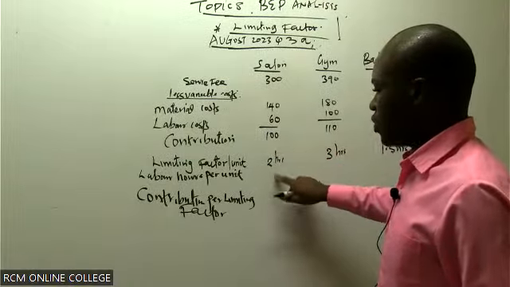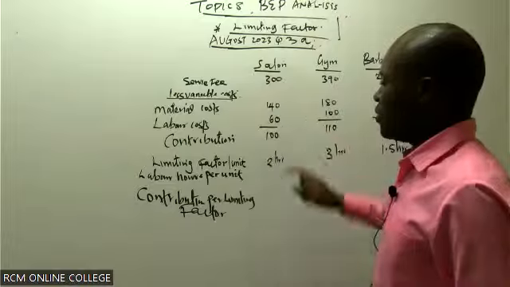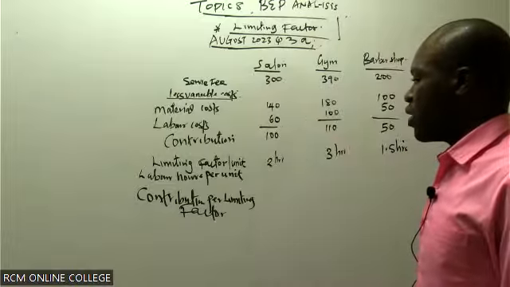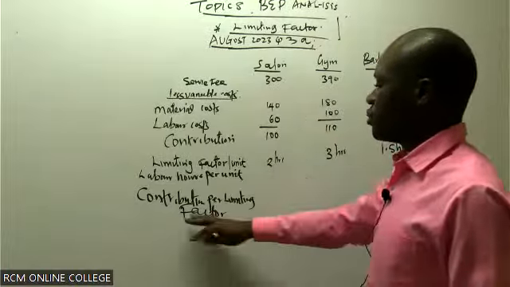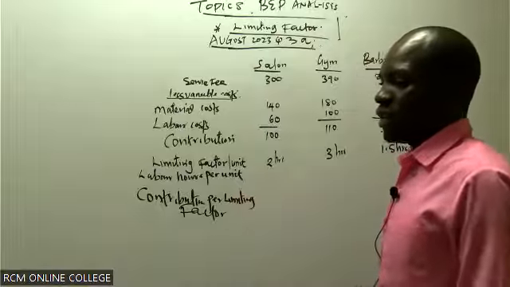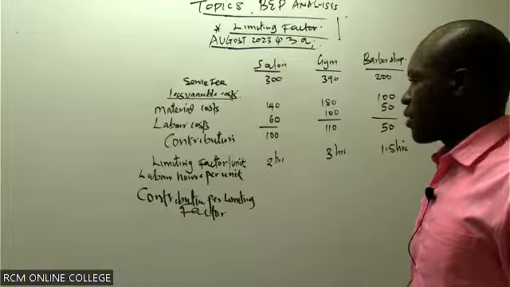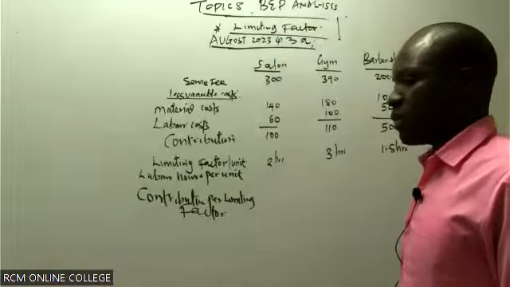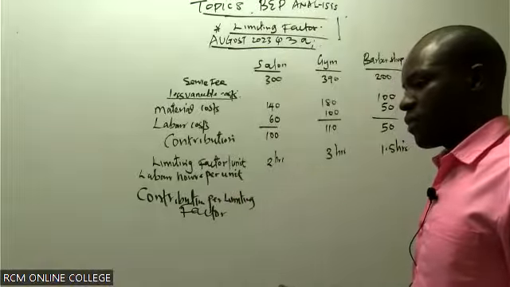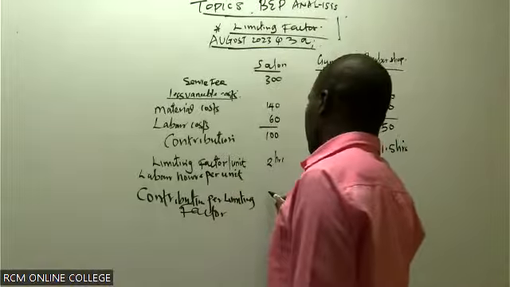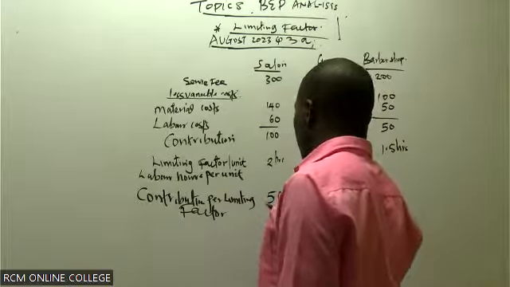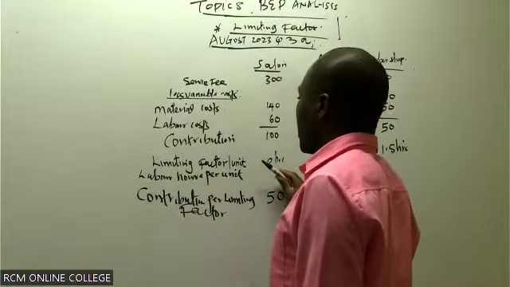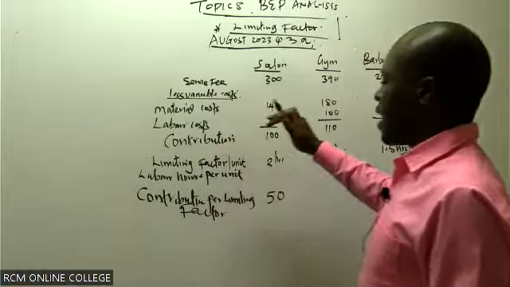How many shillings per hour? Take 100, divide by 2, and we get 50. So for every 1 hour, the company is going to make 50 shillings.